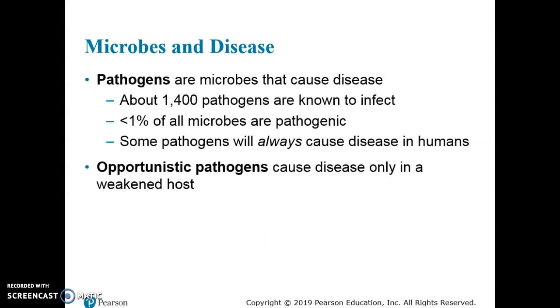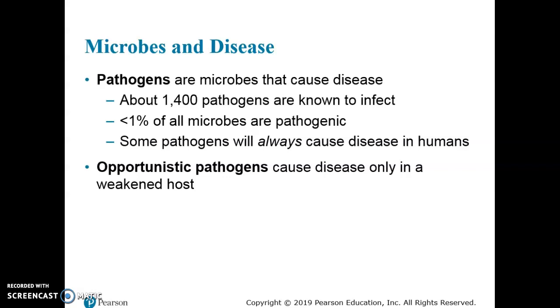All right, so microbes and disease. Part of this field is about the basics of understanding health and disease. Pathogens are microbes that cause disease. About 1,400 pathogens are known to infect, and those pathogens can be viruses, bacteria, fungi, you name it. But we're pretty sure that less than 1% of all microbes are pathogenic.